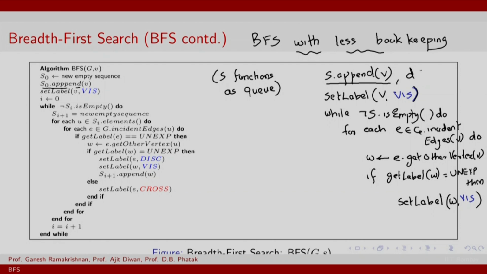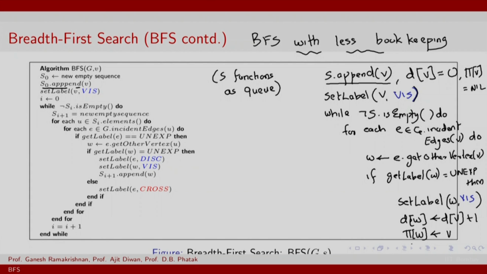So I am going to keep track of the depth of a node, the depth of node from V. So depth of V is 0, and I will set the depth of W as depth of V plus 1. I will also keep track of where we got to V from. So pi of V is nil, whereas pi of W is V.